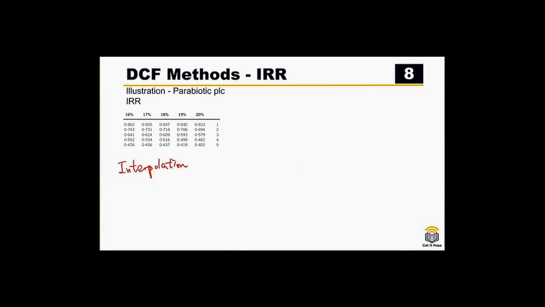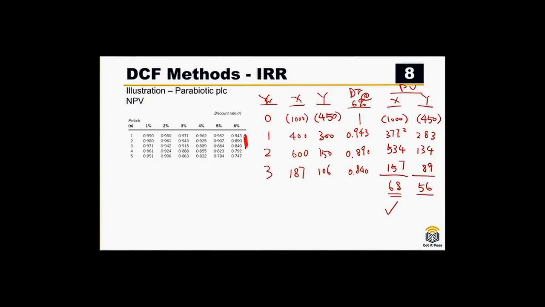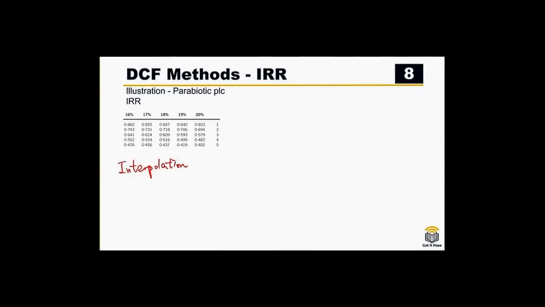Remember the cash flow pattern, whether it is conventional or unconventional. Here, the initial investment is negative, and from the first year to the third year it is positive, right? For both X and Y. So this is a conventional cash flow pattern.